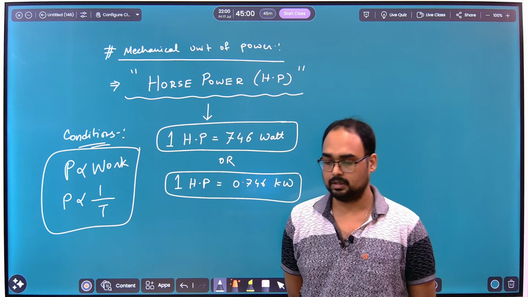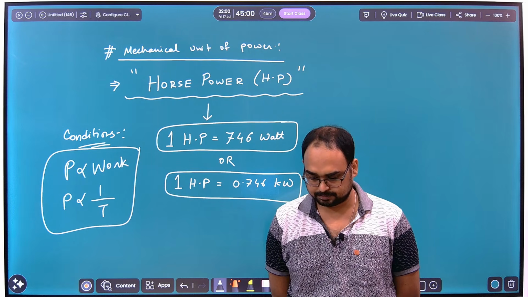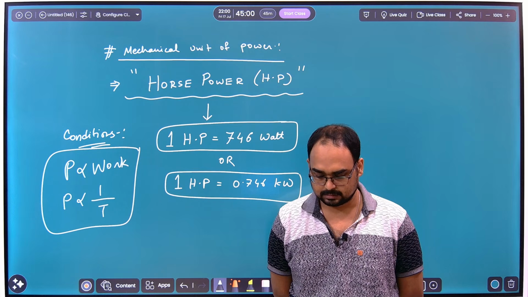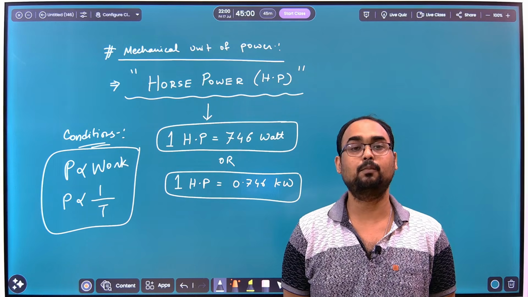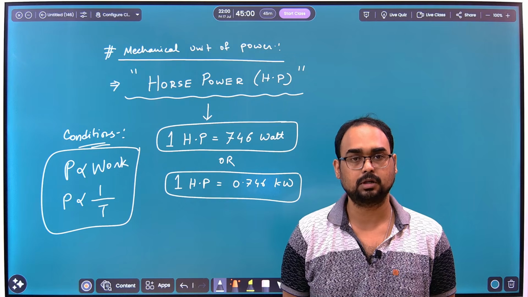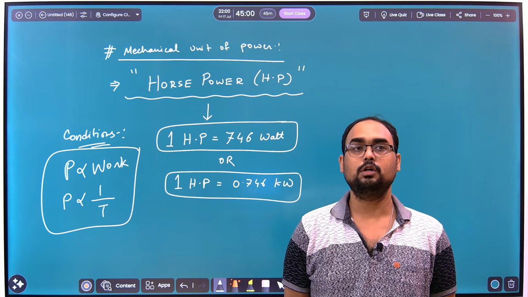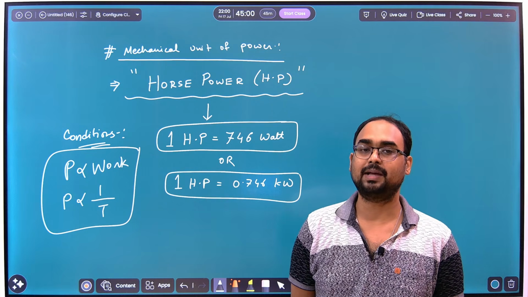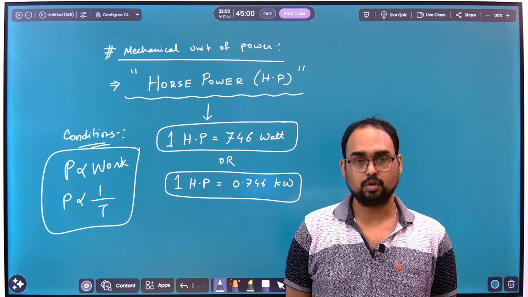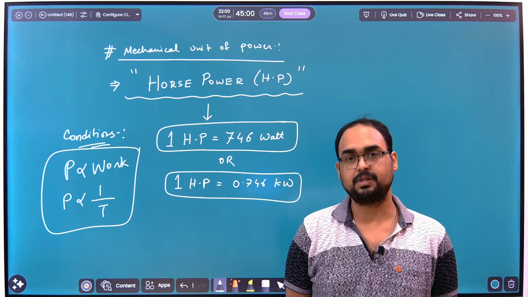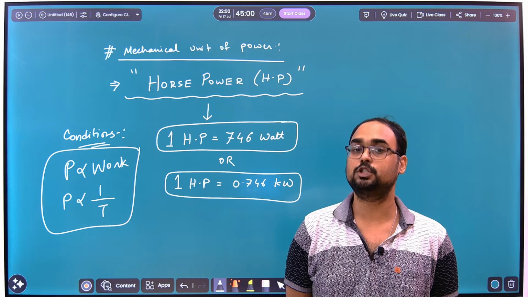Now, in this case, we have, let's say, a motor pump. You have often heard that pumps or mechanical devices are rated in horsepower. So, a motor pump is generally rated in horsepower. What is horsepower?